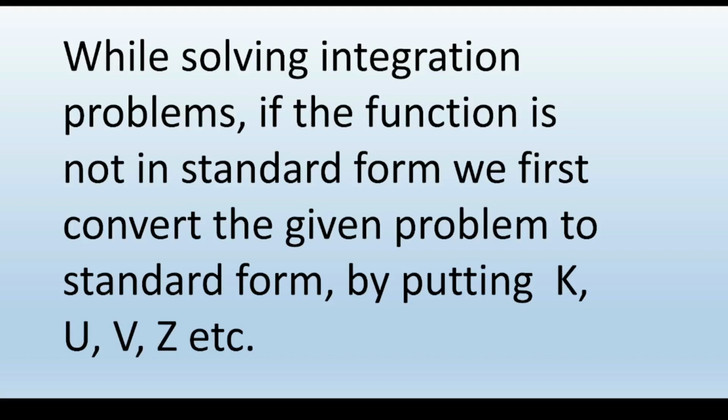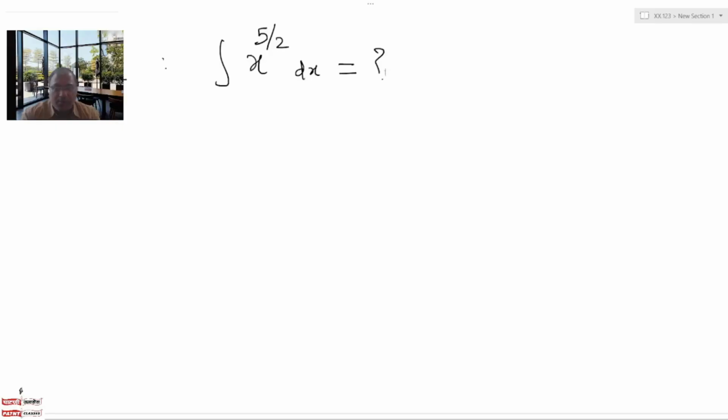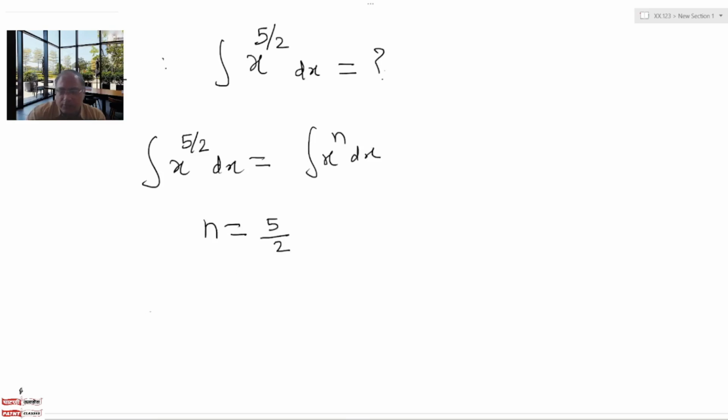Let's see some examples. Example, integration of x raised to 5 upon 2 with respect to x equals how much? Here x raised to 5 by 2 dx can be compared with x raised to n dx, that is, n equals 5 upon 2.